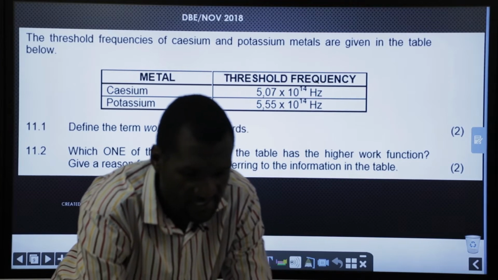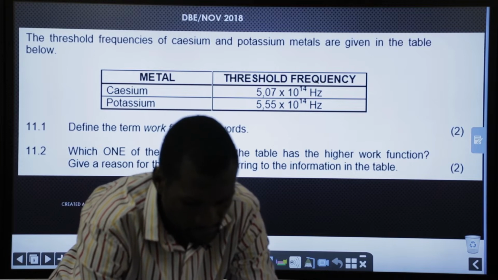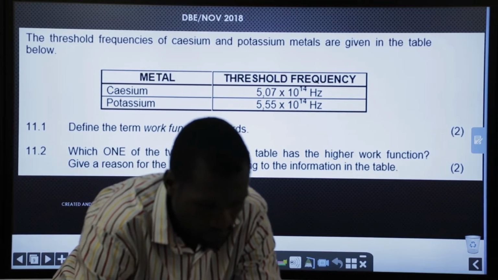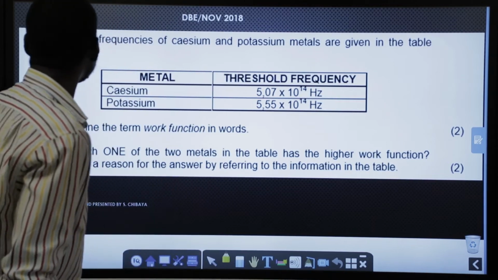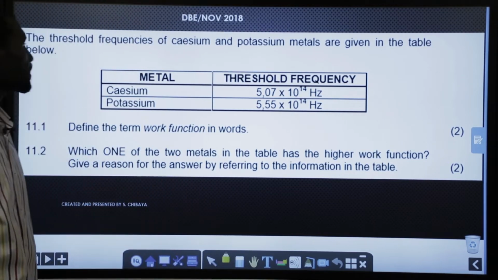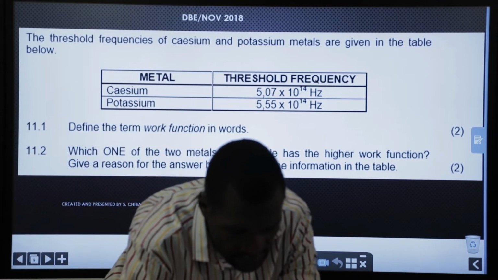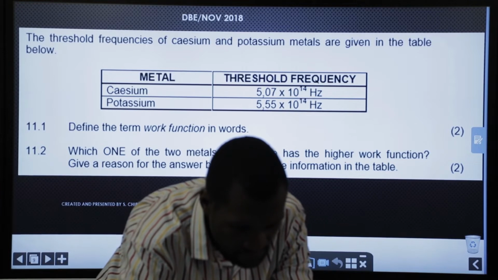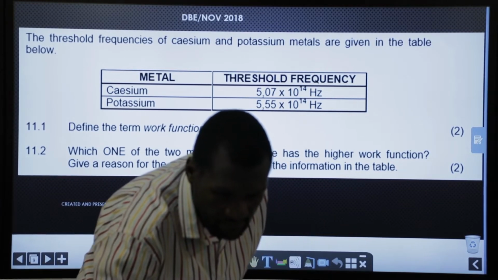Now, there is a question from 2018. You are given 2 different metals. The threshold frequencies of calcium and potassium are given in the table below. There are 2 different values there.